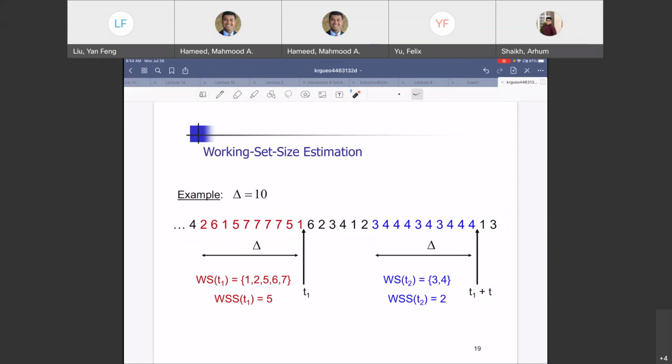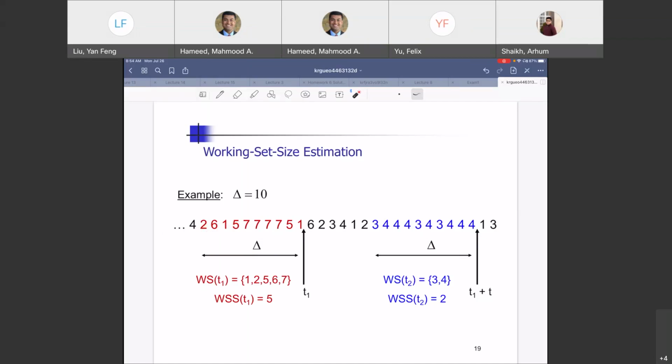So the CPU is generating virtual addresses that correspond to physical addresses, with the page number 4, 2, 6, 1, and so on as time goes on. Right? So those are page references.